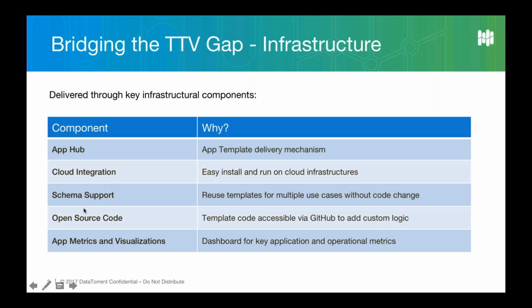The other thing is schema support. All of these templates, we are making agnostic of schema. So let's say you're reading from Kafka, doing some JSON parsing and processing and writing to HDFS, you can take that exact template and apply it to different use cases, right? For example, if you're ingesting healthcare provider data and you have a particular schema for it, you'll be able to apply the schema external to the application template.